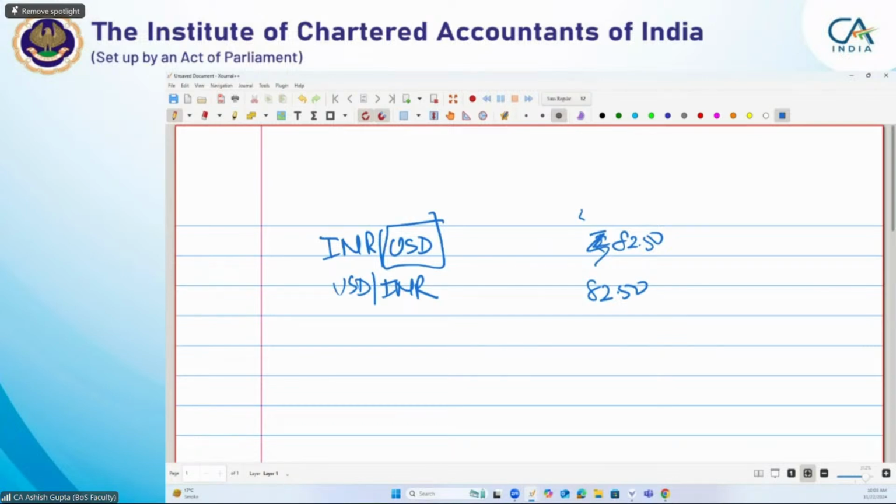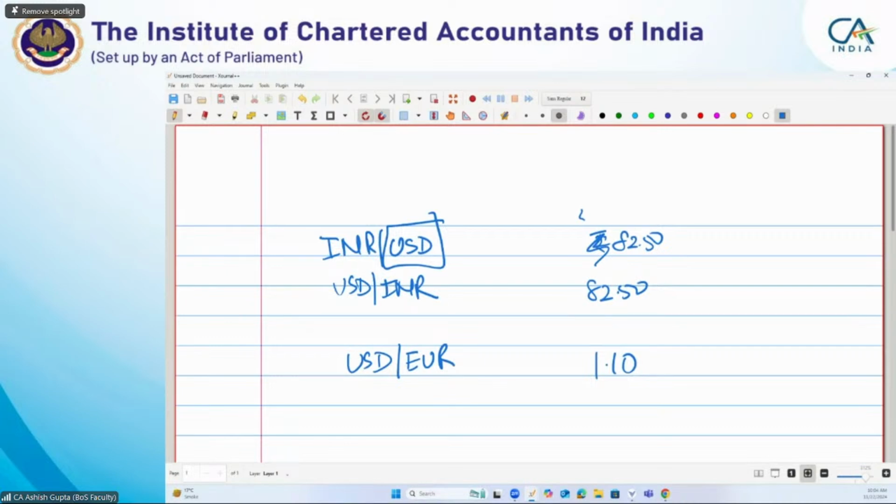I will tell you a very simple example. There is a generally practical problem when we compare euro and USD. Since euro is a bit more expensive currency than USD, its quotation may be written like that, so no problem.